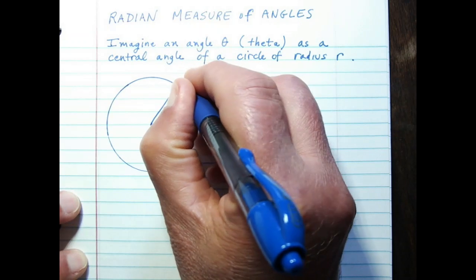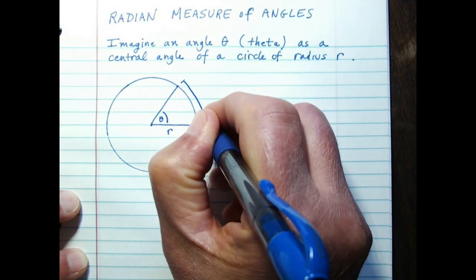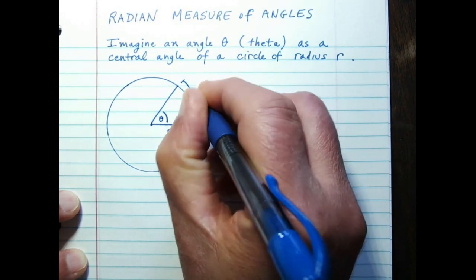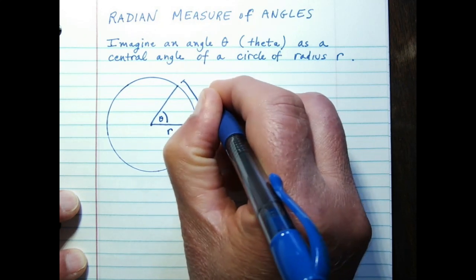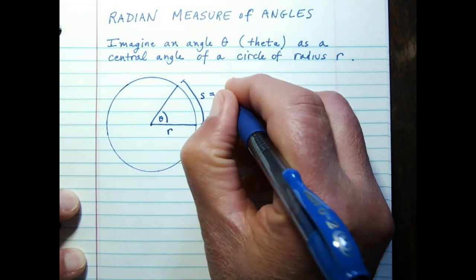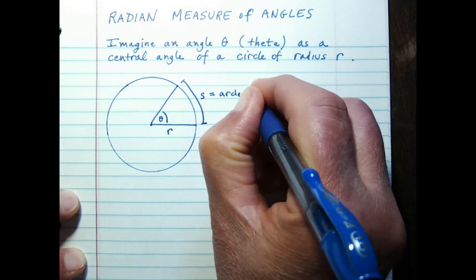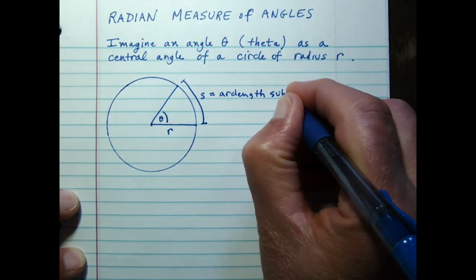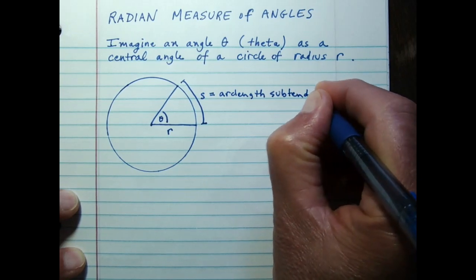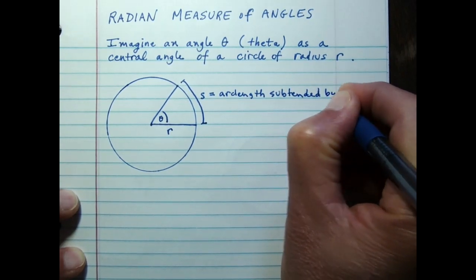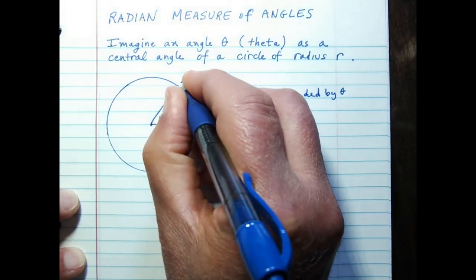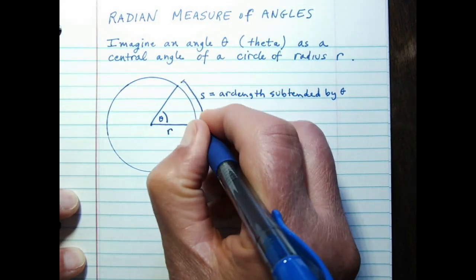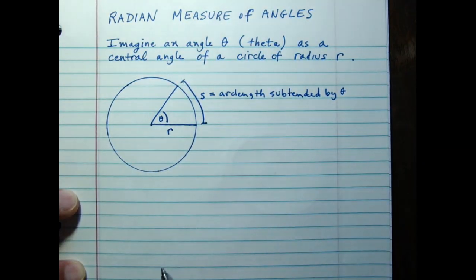What we're going to do is use that letter S again to represent the arc length subtended by theta. That means cut out by theta.